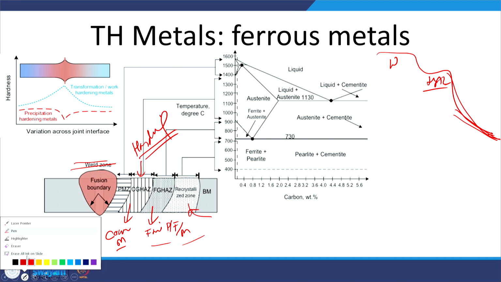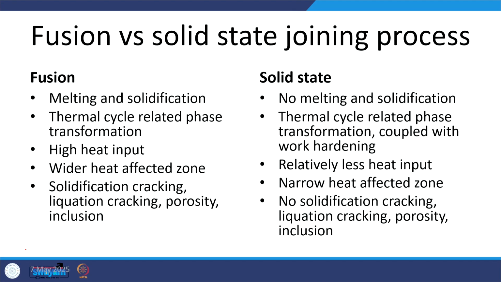Going to the next topic, now the solid state versus the fusion joining process as far as steel is concerned. In fusion welding, the approach is melting the faying surfaces followed by solidification to produce the weld joint. But during welding, the thermal cycle imposed is very severe, so it results in significant phase transformation.